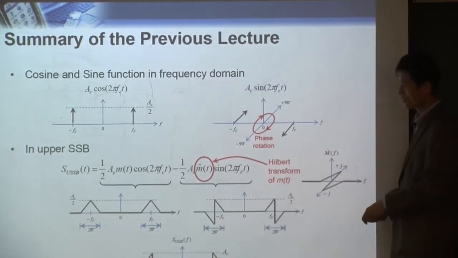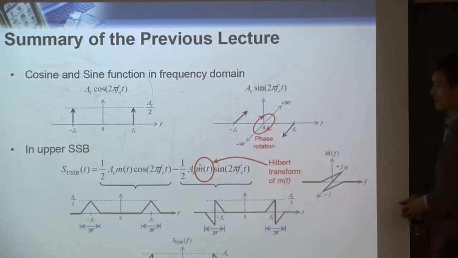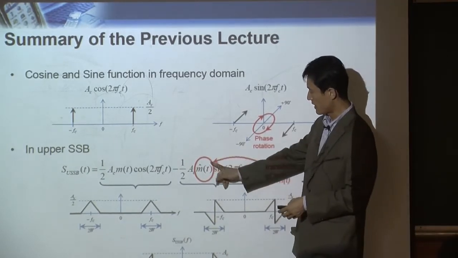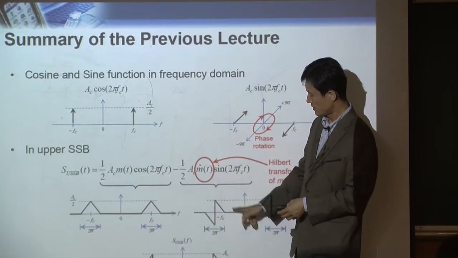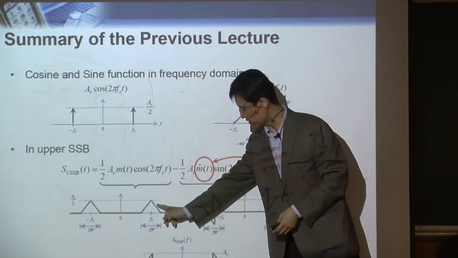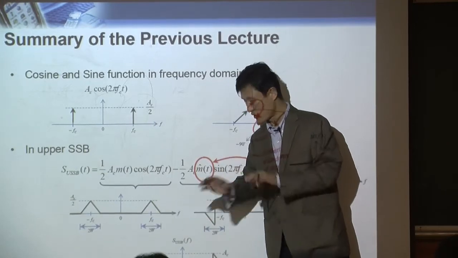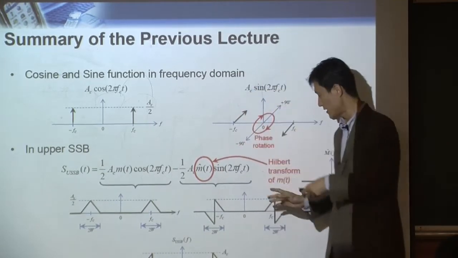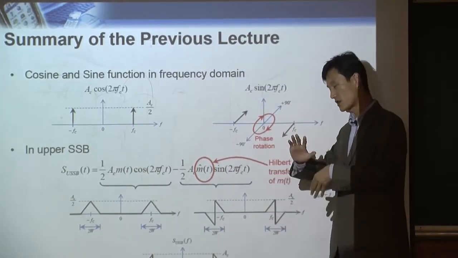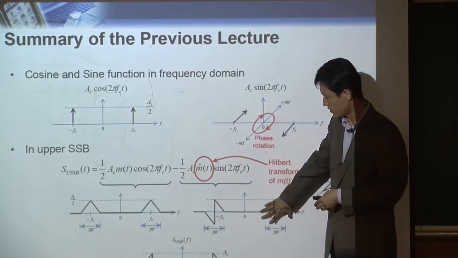So that's how you create the upper sideband. Okay? So the intention is that by using the Hilbert transformer, you split the upper band and lower band, and then do another phase rotation to create this kind of thing.